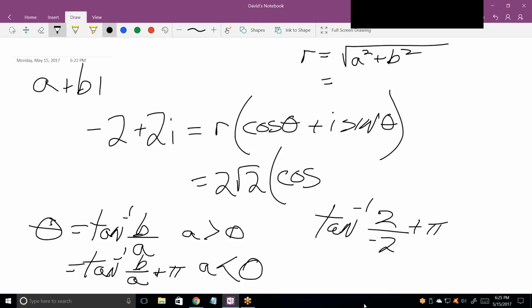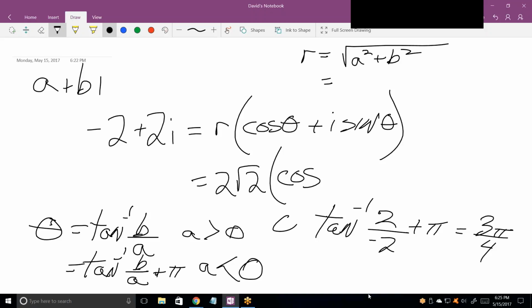What's the inverse tan of minus 1? Minus pi over 4. Actually, if you put that in your calculator, that's not what it'll give you. It'll give you minus 45 degrees, right? Okay, so minus pi over 4 plus pi is 3 pi over 4.